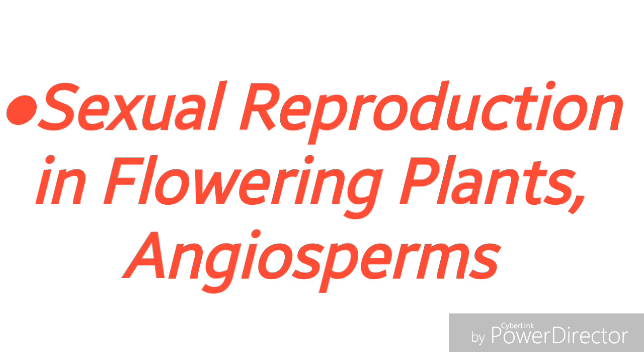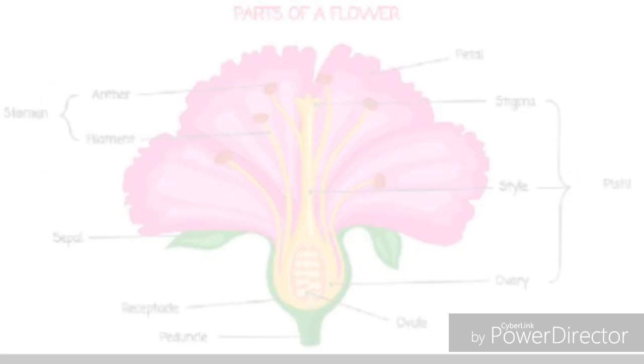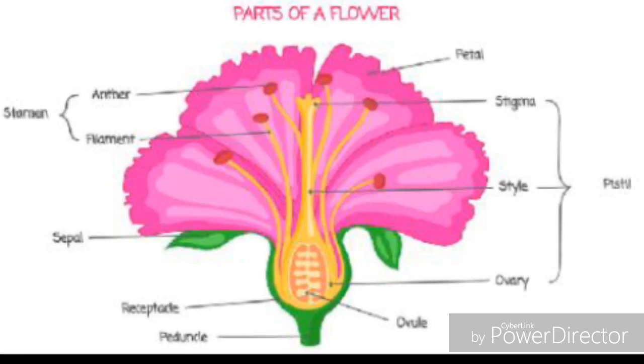Students, now let us move on to sexual reproduction in flowering plants. Higher flowering plants are called angiosperms. These are highly evolved in the plant kingdom. Students, in 7th standard, you learned about the structure of a flower. In that, male parts and female parts will be there. Male parts are called stamens and female parts are called pistil or carpel.